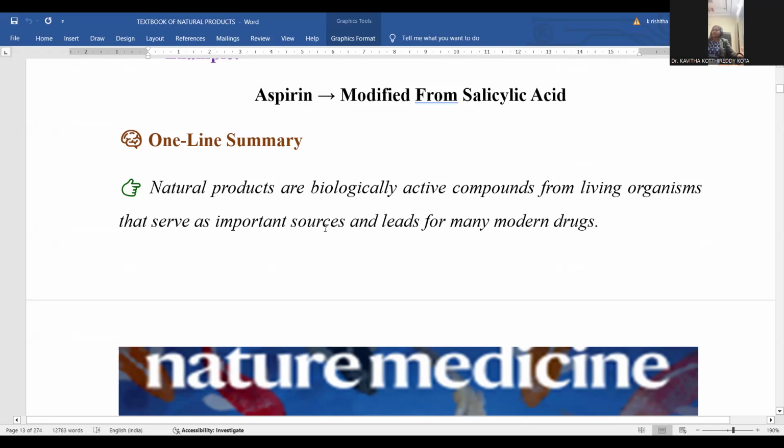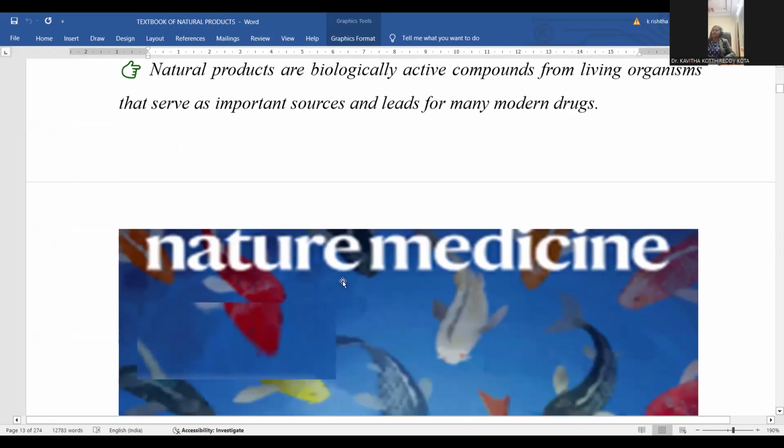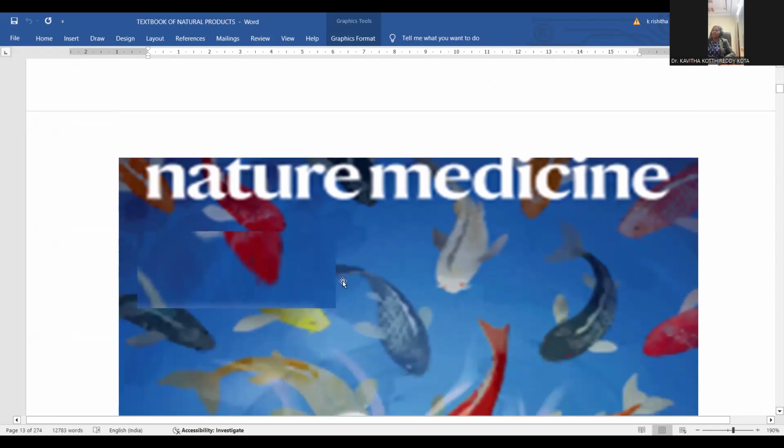They serve as important sources and leads for many modern drug compounds, right? They are taken as medication as such, or else they work as a lead compound to manufacture the new drugs in the market. So amazing drugs are manufactured starting from these natural products. This is the way they are very potent in the drug discovery and drug development process.